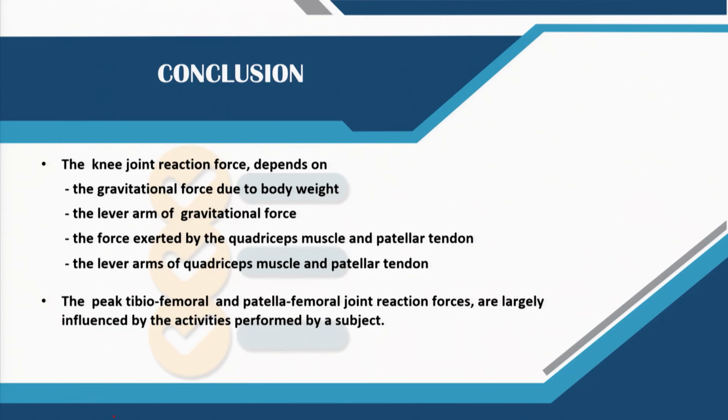Let us now come to the conclusions of this lecture on knee joint biomechanics. The knee joint reaction force depends on the gravitational force due to body weight, the lever arm of the gravitational force, the force exerted by the quadriceps muscle and the patellar tendon, and the lever arms of the quadriceps muscle and the patellar tendon.